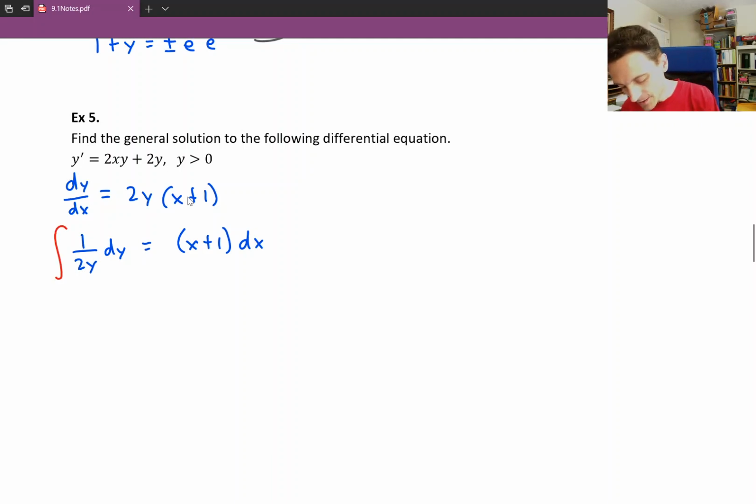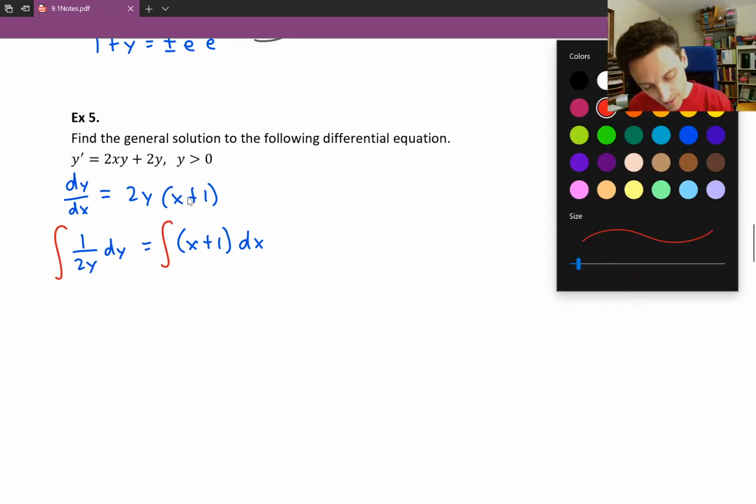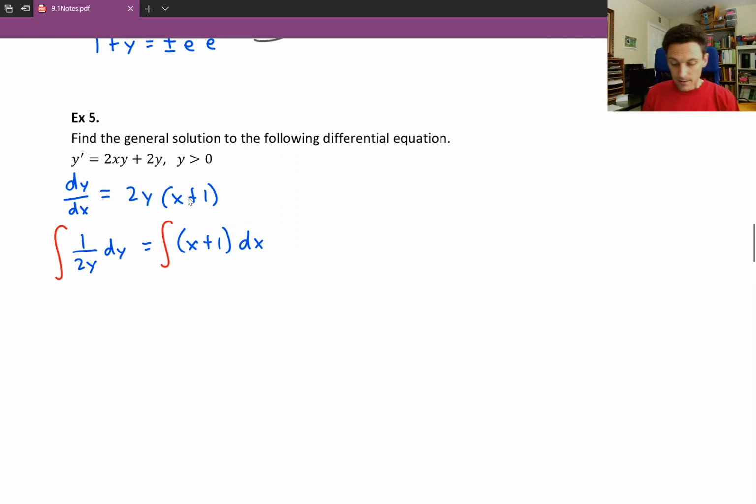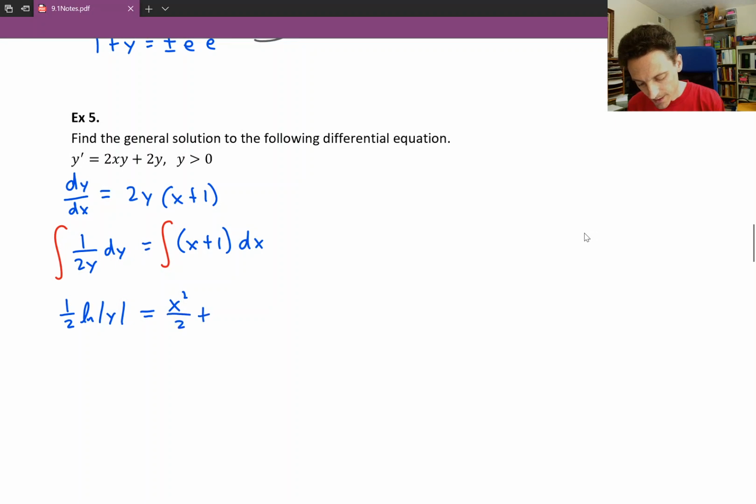Now we can integrate both sides. The half is a constant that can hang around. And then we have the integral of 1 over y, which is ln absolute value of y. Then we have x squared over 2 plus x plus c.